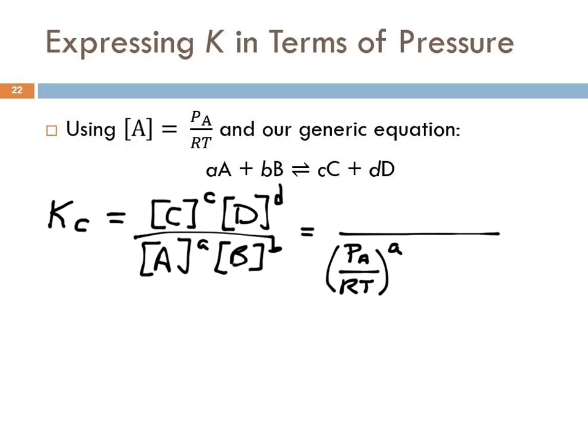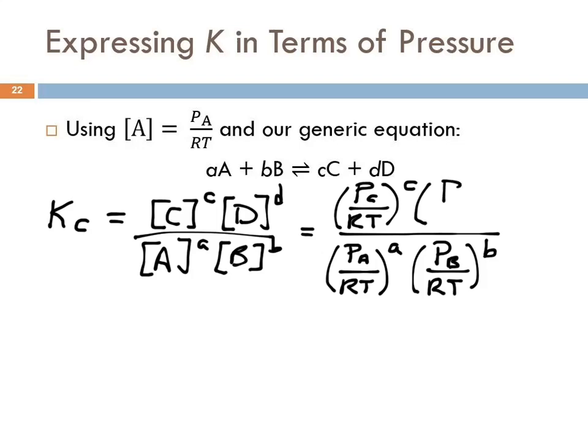The concentration of gas B in moles per liter is equal to the partial pressure of B divided by RT. We've got PB over RT. And then we'll do the same thing for the guys upstairs: PC over RT to the c, and PD over RT to the d. Okay?